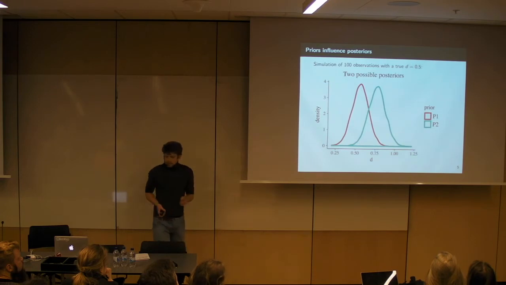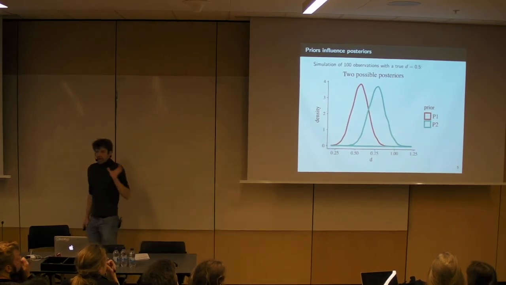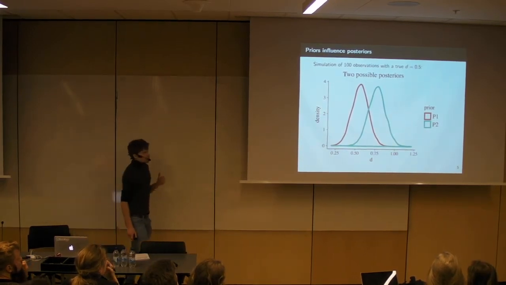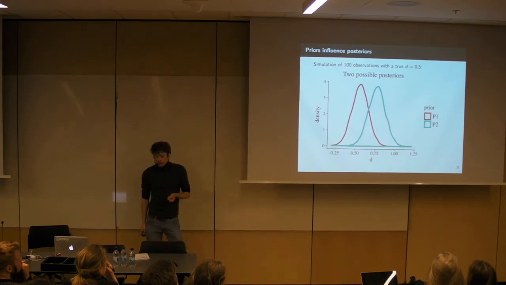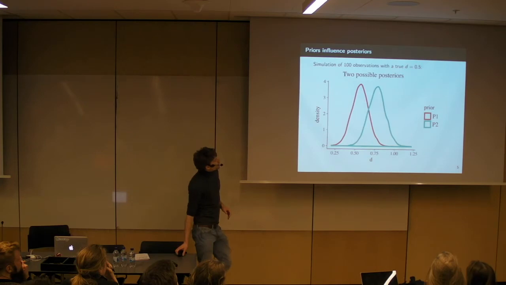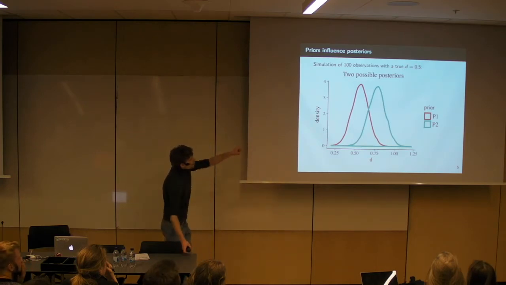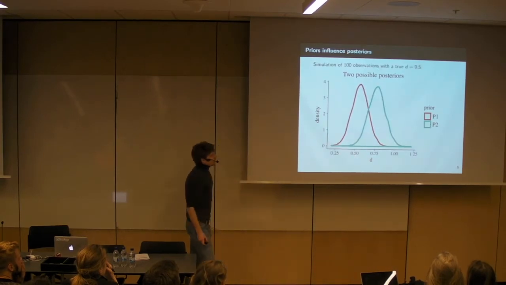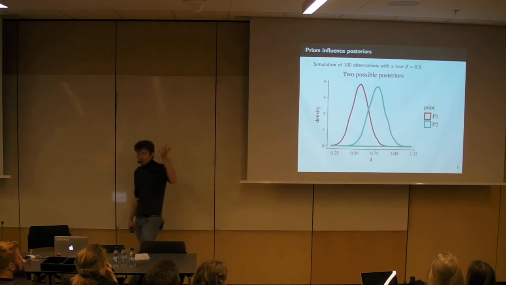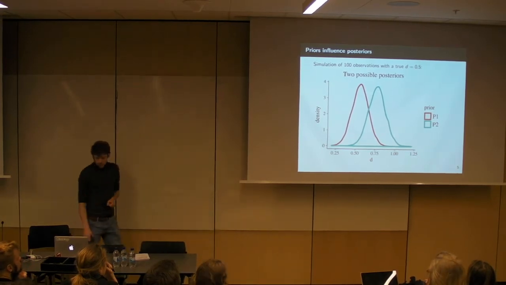But in any case, and that's why we're using them, the priors influence the posterior. So that's of course clear because of Bayes' theorem. But it's of course important to note that if we use different priors, the posteriors will differ as well. So those are the two posteriors for those two priors, for 100 simulated observations with a true Cohen's-d of 0.5.